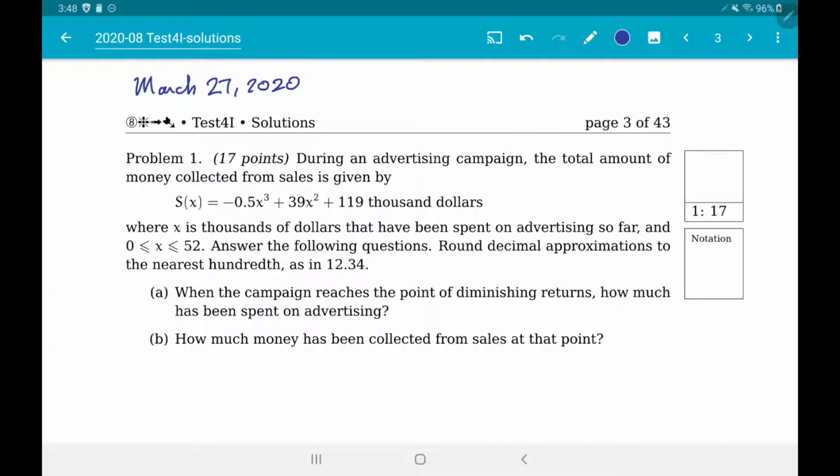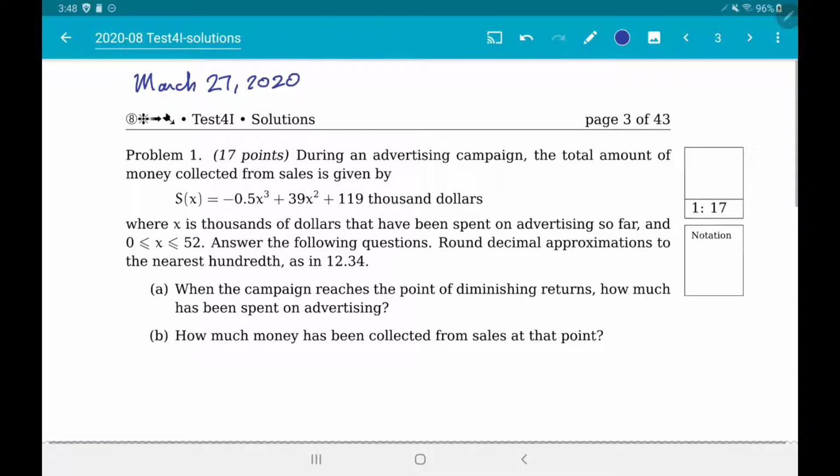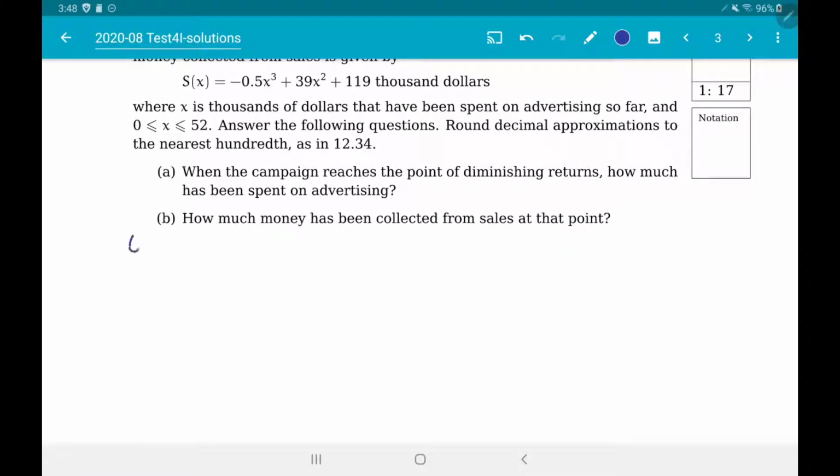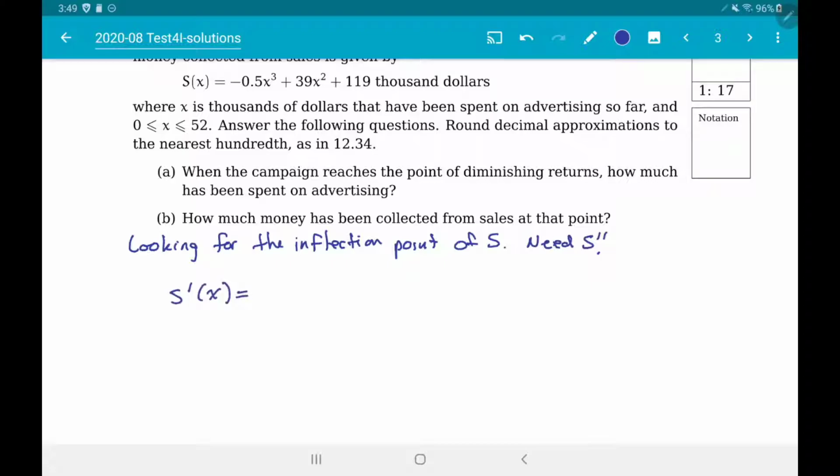Okay, well, remember, we're looking for the inflection point of S. So that means we need S double prime. Well, if we're going to get to S double prime, we need S prime. Okay. So take a minute and compute S prime.